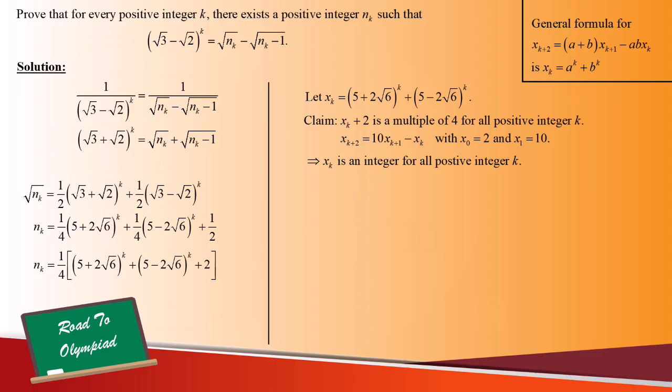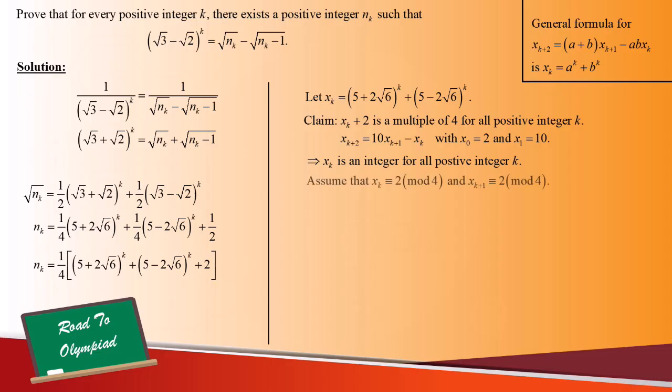This is because each of the terms is basically the difference of two integers, x_{k+1} and x_k. What we have left to show now is only that x_k + 2 is a multiple of 4 for every positive integer k. We are going to show this again by induction.